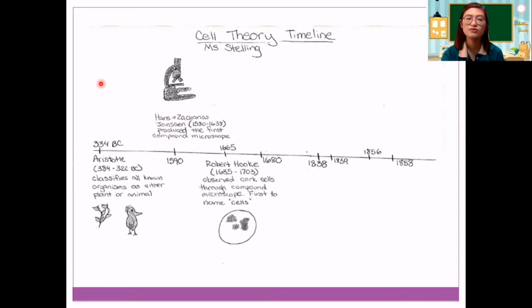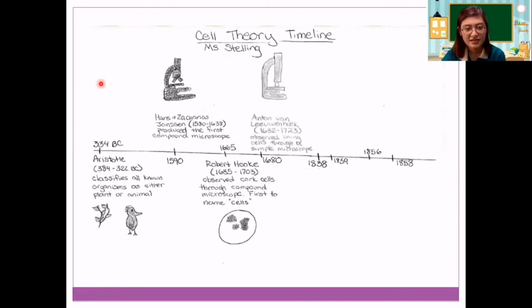He was the one who observed cork cells through a compound microscope, and he was the first one to coin the term cells. In the video, you have seen Robert Hooke discuss how cells were coined as cells because they are like mini tiny rooms, with different compartments.